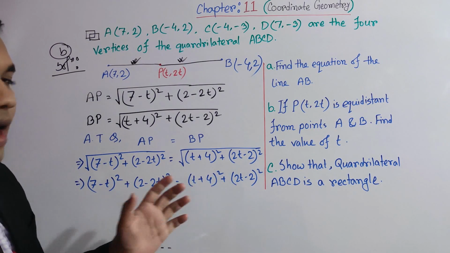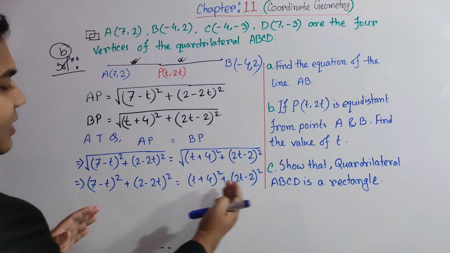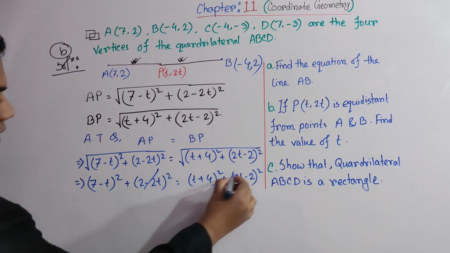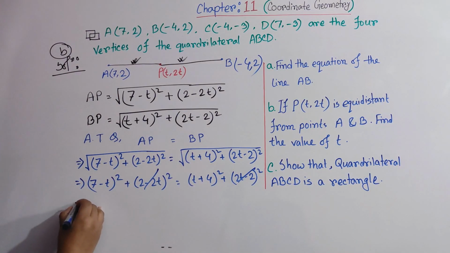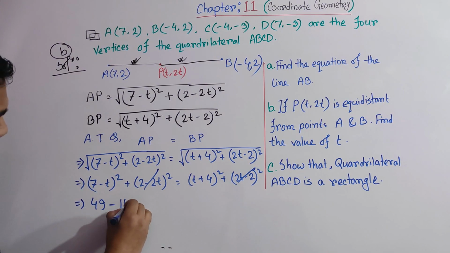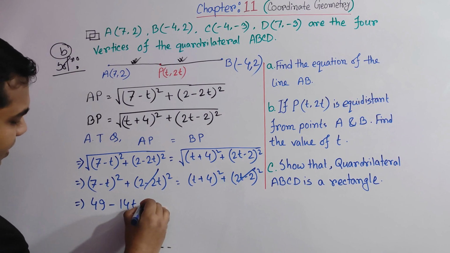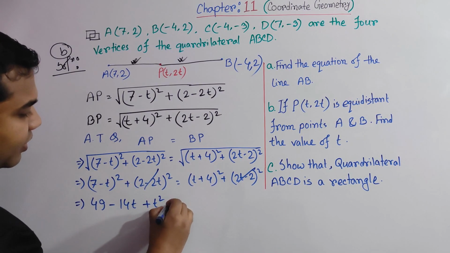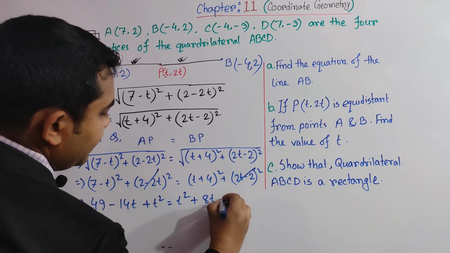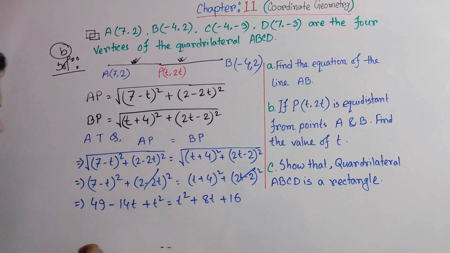If this comes to one side, it will be cancelled, so these two are gone. We can write 49 minus 14t plus t square equals t square plus 8t plus 16.